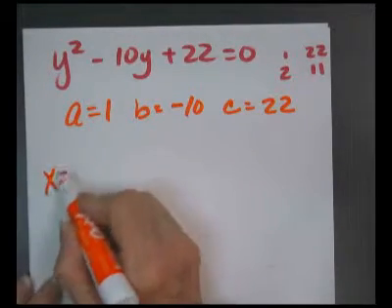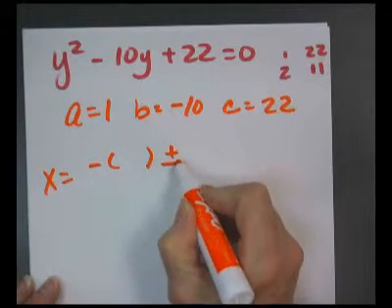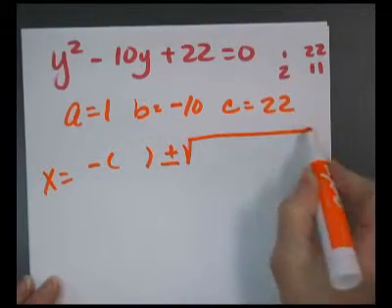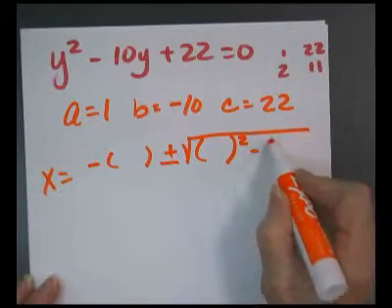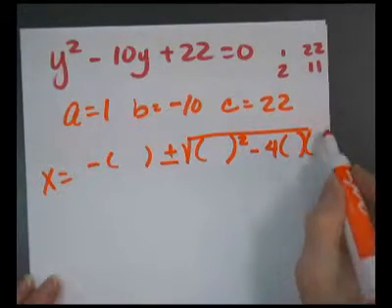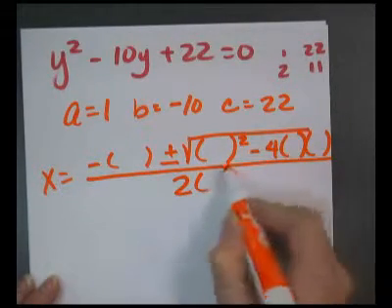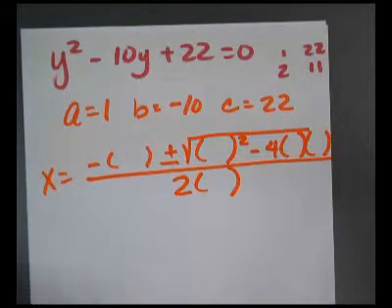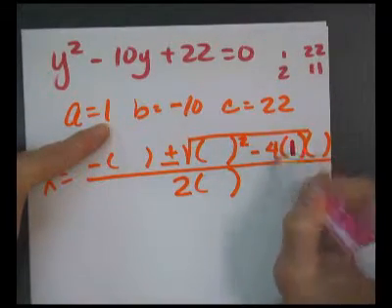So we put x equals negative b plus or minus square root b squared minus 4ac all over 2a. A is 1, so we put 1s here and here again.